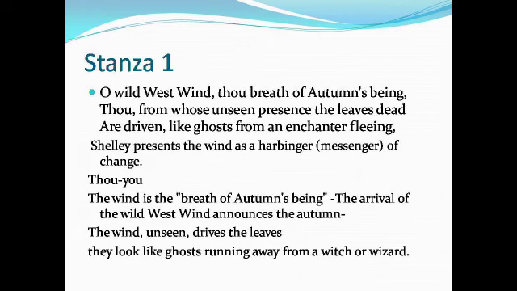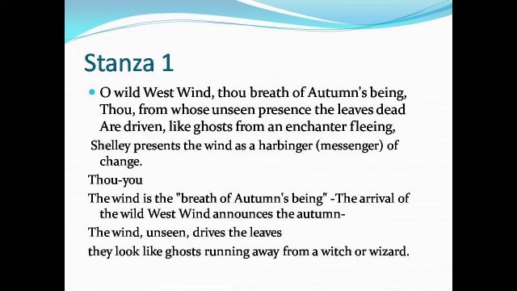Now take a look at the stanza first. O wild west wind, thou breath of autumn's being, thou from whose unseen presence the leaves dead are driven, like ghosts from an enchanter fleeing. Shelley presents the wind as a harbinger or messenger of change. Thou, the word, is an archaic expression which means you. The wind is considered as the breath of autumn's being.